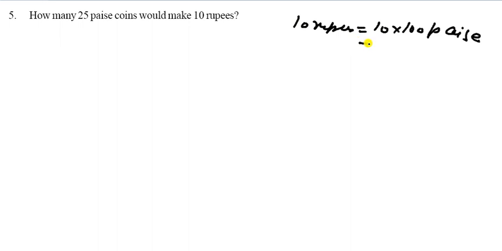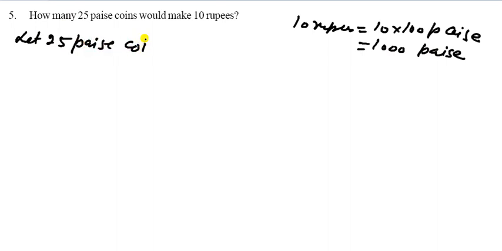So that becomes 1000 paise. So how many 25 paise coins? Let 25 paise coins be x. So you have to write, let 25 paise coins be x. So 25x will be equal to 1000 according to the question.